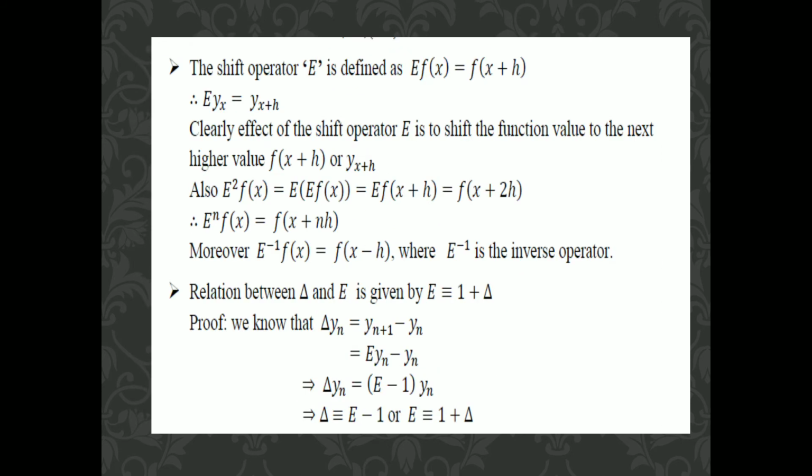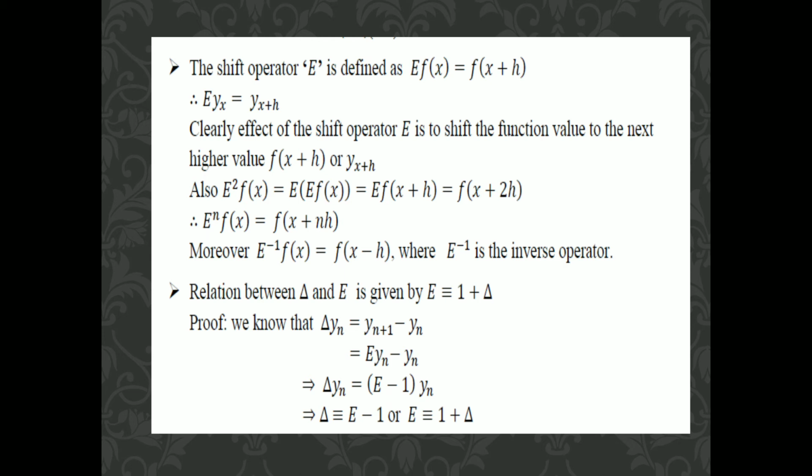So the shift operator E is defined as E of f of x equal to f of x plus h. Therefore E of y x is equal to y x plus h. Clearly, the effect of this shift operator E is to shift the function value to the next higher value f of x plus h or y x plus h. Also, E square f of x is equal to E into E f of x. The value of E f of x is equal to f of x plus h.